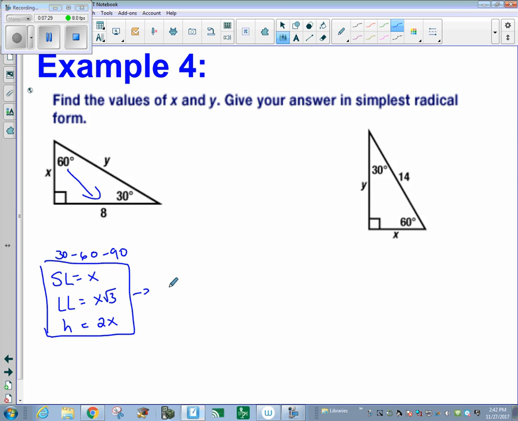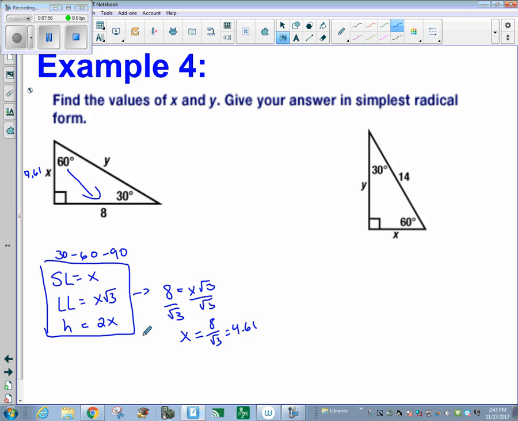I'm going to say 8 equals x root 3. If I divide by root 3 on both sides, x is 8 divided by root 3, or on a calculator, 4.61. So that's the length of the short leg over here, 4.61.